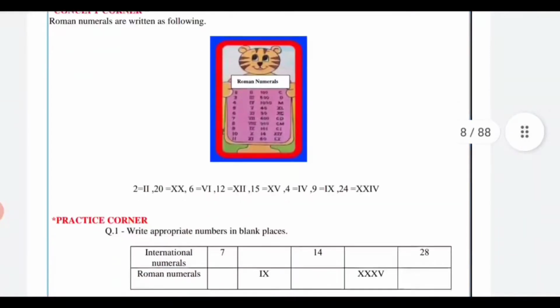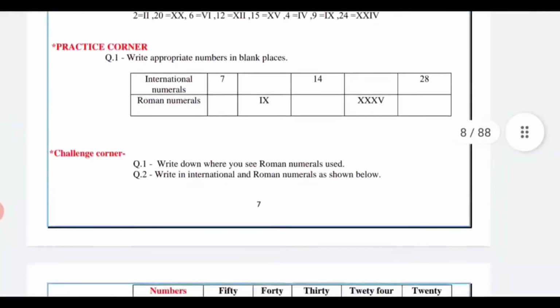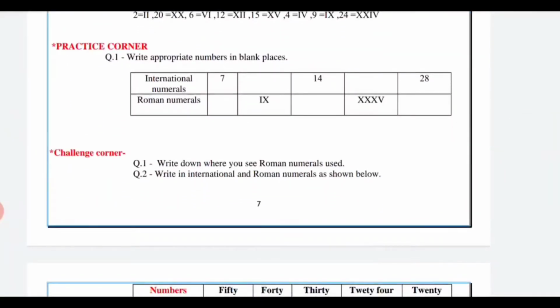What you will be writing in the notebook is from the practice corner. Let us see what is there in the practice corner. We have to write appropriate numbers in the blank places. So this question and this table you have to draw in your notebook and you can fill in the blank places. Then there is a challenge corner also.